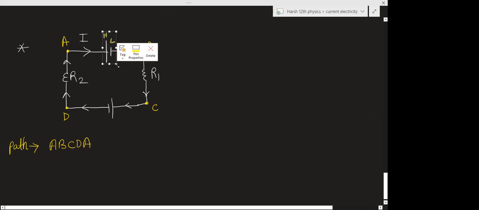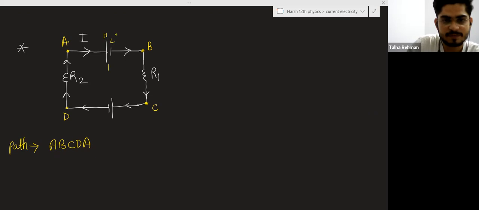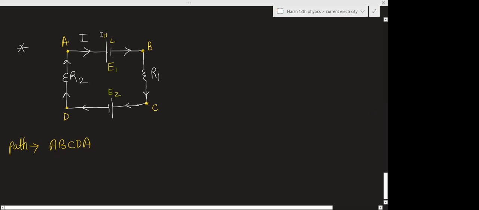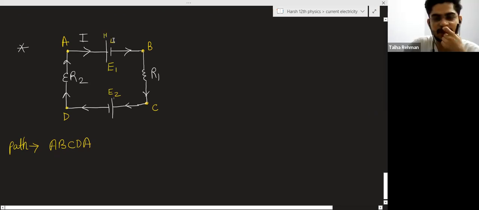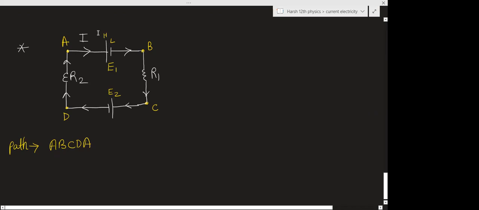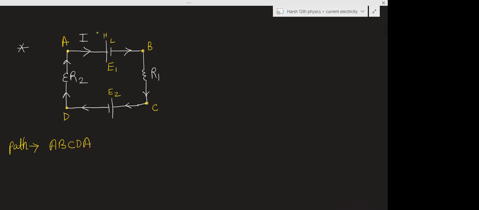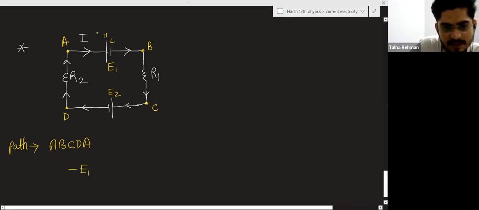This has the EMF E1, this has the EMF E2. So you are moving from higher to lower potential. Higher to lower potential means the sign will be minus. This E1 we will take with minus sign.